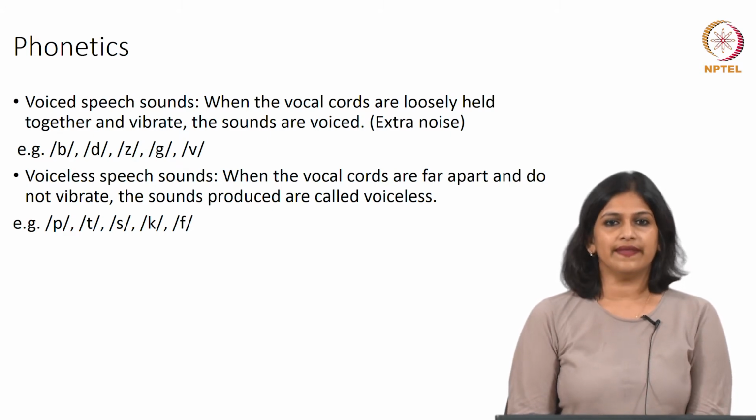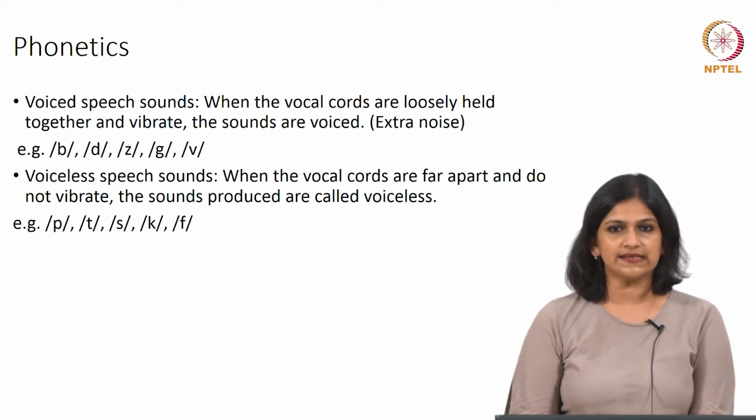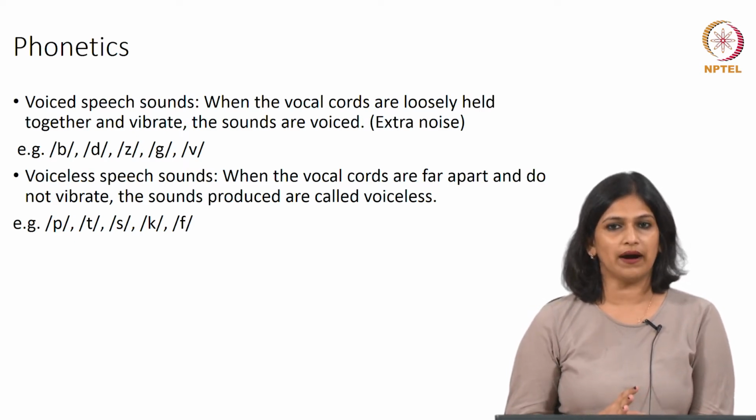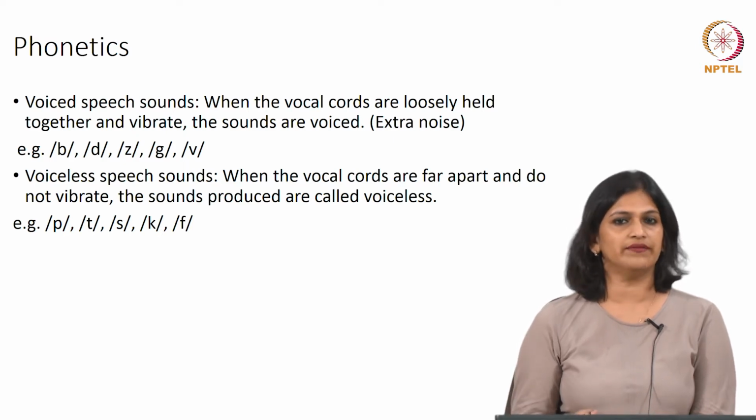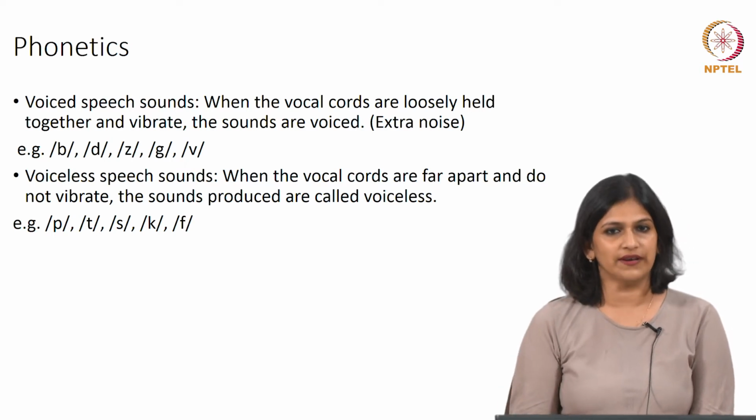Then there are voiceless speech sounds. When it is voiceless, the vocal cords are far apart and do not vibrate. That is why you do not see any extra noise during the production of these sounds. That is why they are called voiceless.